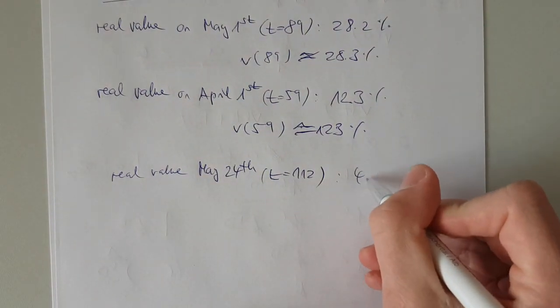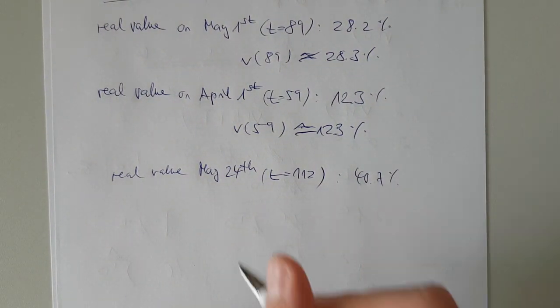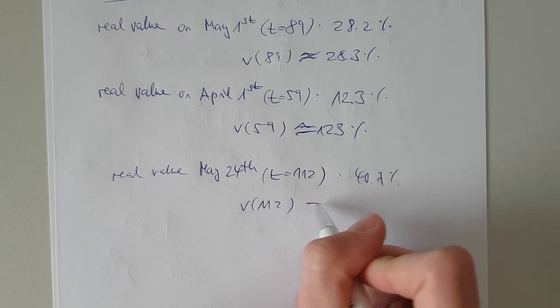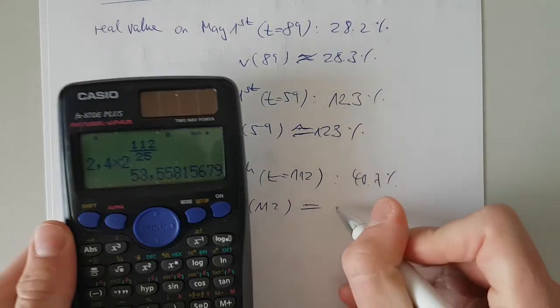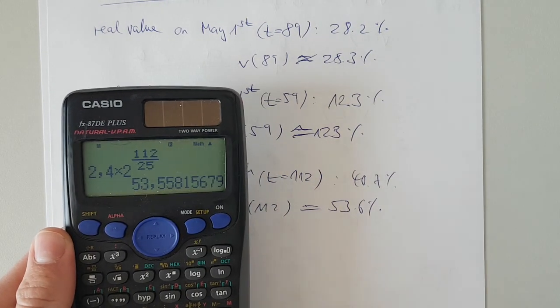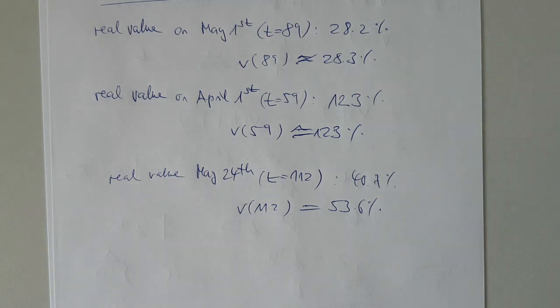So we expect something like 40.7%. And if we plug in 112, this actually gives us something much more, 53.6%. So as we can see, these exponential growths are helping us to model reality within the first few days, or in this case months.